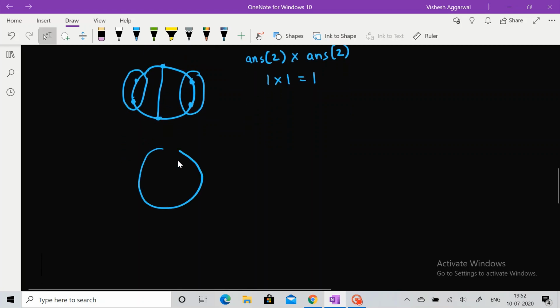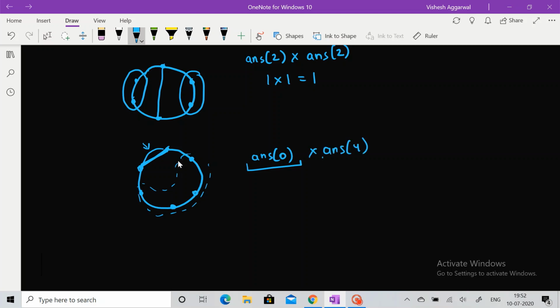Now suppose we join these 2 points initially, then what will be the answer? We can see that the number of points in the left part of this chord is 0, so we will recursively ask the answer from the left part, and in the right part of this chord there are 4 points, so we will recursively ask the answer for the 4 points.